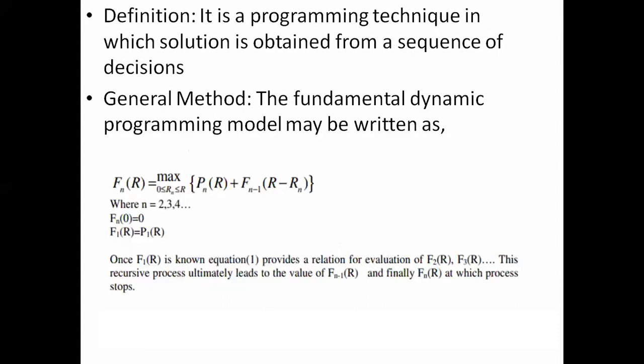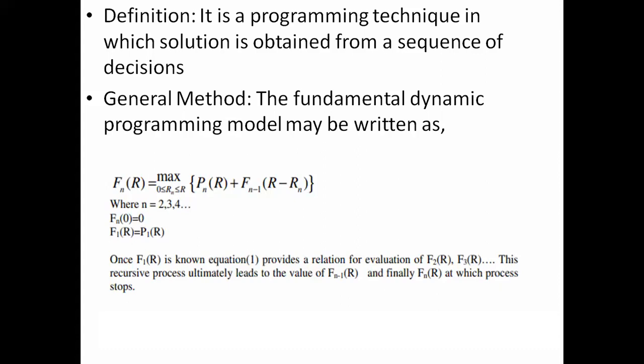So what is the definition, and what is the general method for the dynamic programming model? We already know it is a programming technique. Previously the definitions and computing power, everything we were saying in a theoretical way, but that is implemented by using the programming technique in which the solution is obtained from a sequence of decisions.